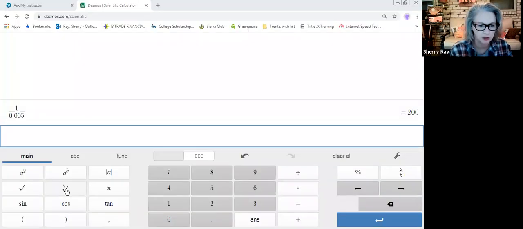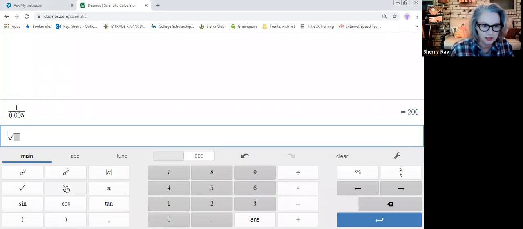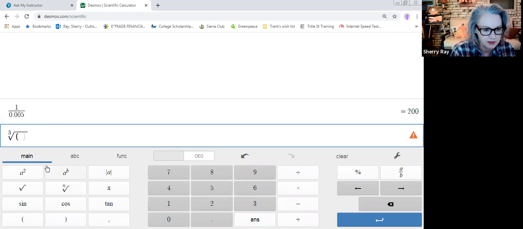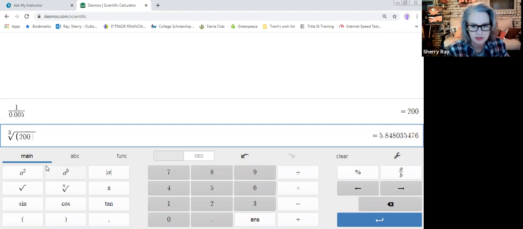So let me go to here. And, oh, here we go. Here's a little nth root. So my root is 3. And I need, in parentheses, 200 times 135. Close my parentheses. And then I get 30.